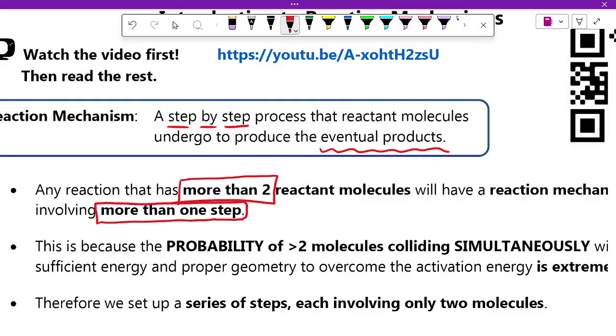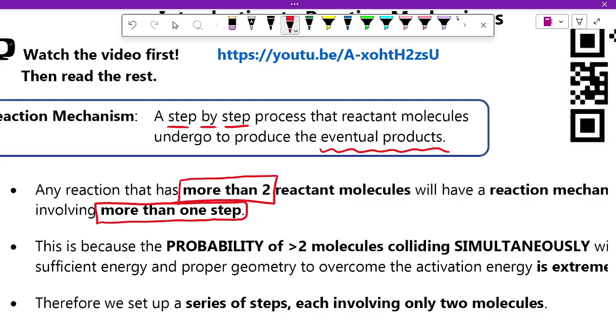And that's because if you imagine these particles are like floating around, they're going to collide with each other all kinds of ways, and only very rarely will they collide correctly with the correct geometry. Now let's say that there's a third particle as well, and it also needs to have exactly the correct geometry. What is the probability once we add in a third one of them all colliding?